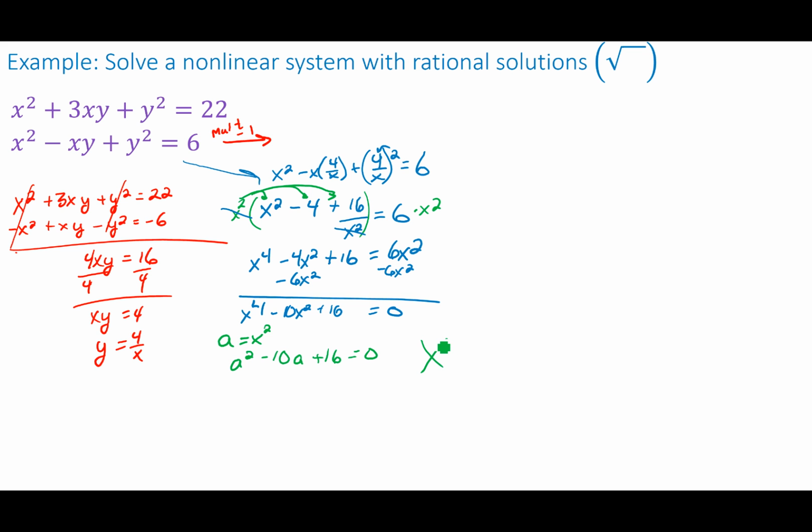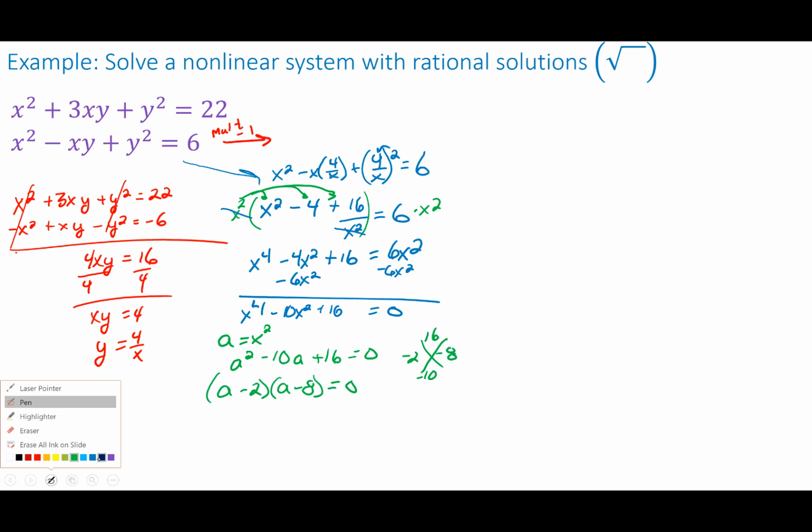I'm trying to think of two numbers that multiply to get 16, but add up to be -10. Well, that could be -2 and -8. And so now I have a minus 2, and then a minus 8 equals 0. But remember, a was really x squared, so I have x squared minus 2 times x squared minus 8 equals 0.